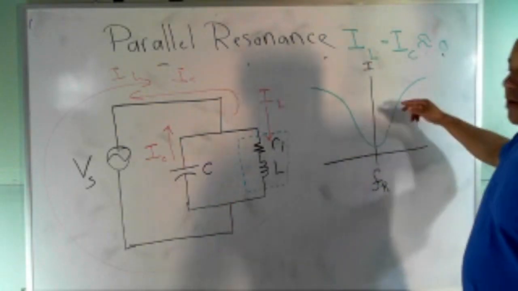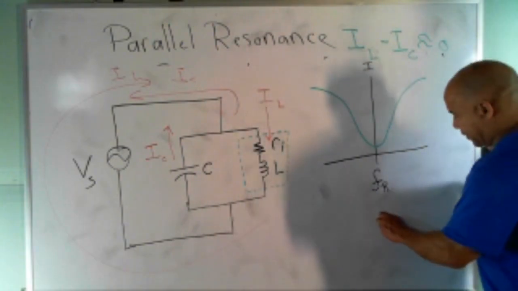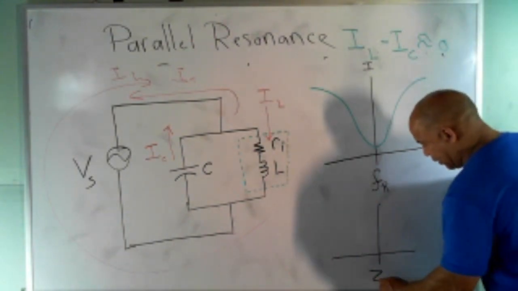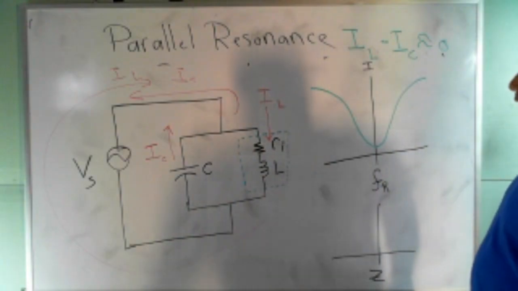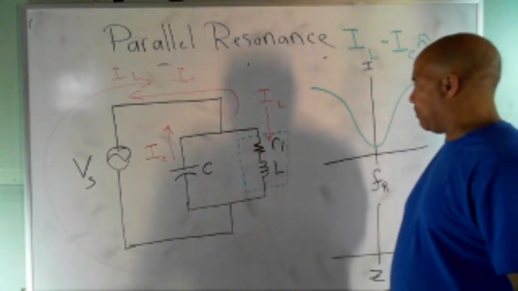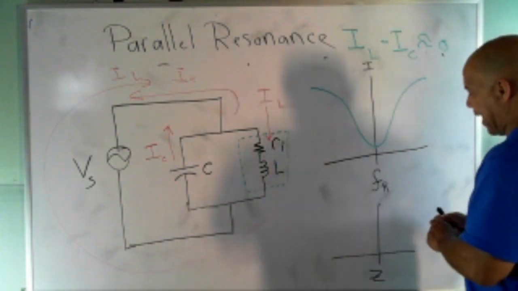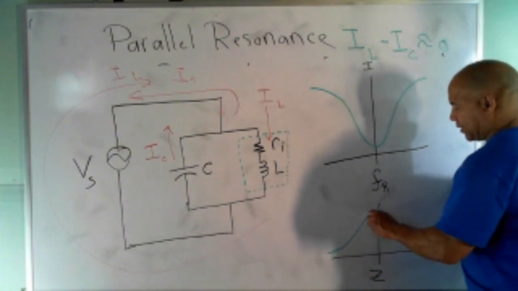If I have a current curve that looks like that, if I made a curve of impedance, it would look like this. This is impedance in the circuit. Now, again, the impedance in the circuit is going to be maximum because my current is minimum, so it actually is going to look like this.